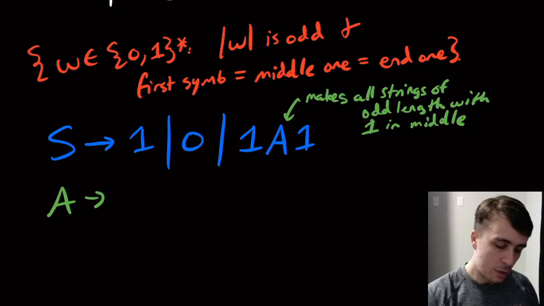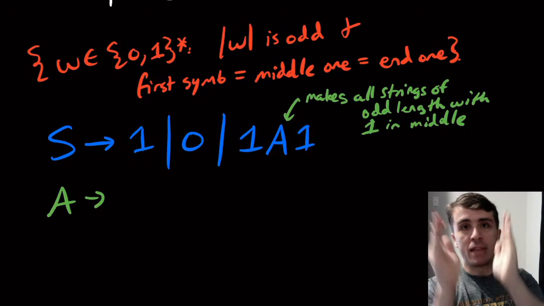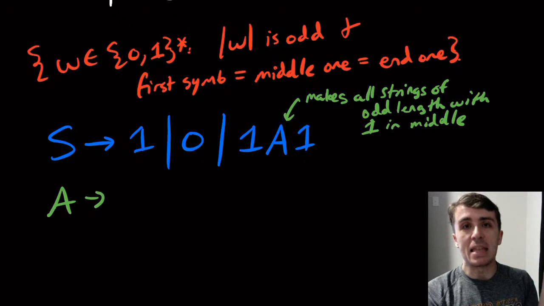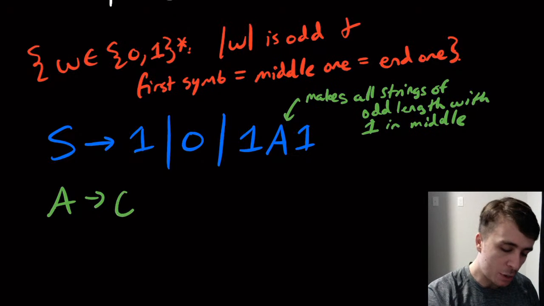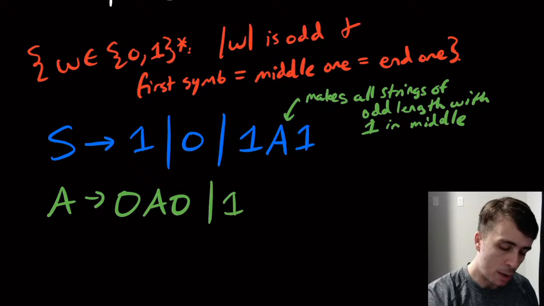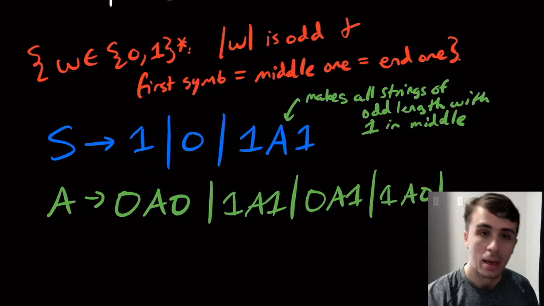On either side of that 1 in the middle it could be anything, because we don't care what the rest of the string is as long as the middle character is a 1. So what we can do is 0A0 or 1A1 or 0A1 or 1A0, and then the final recursive case.